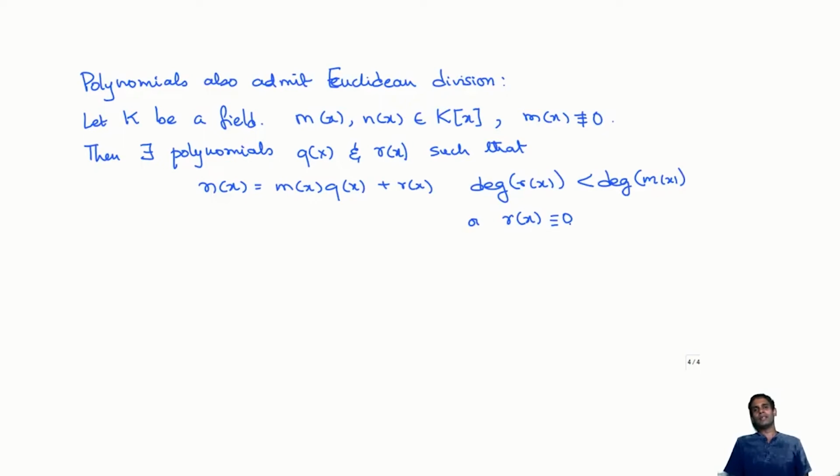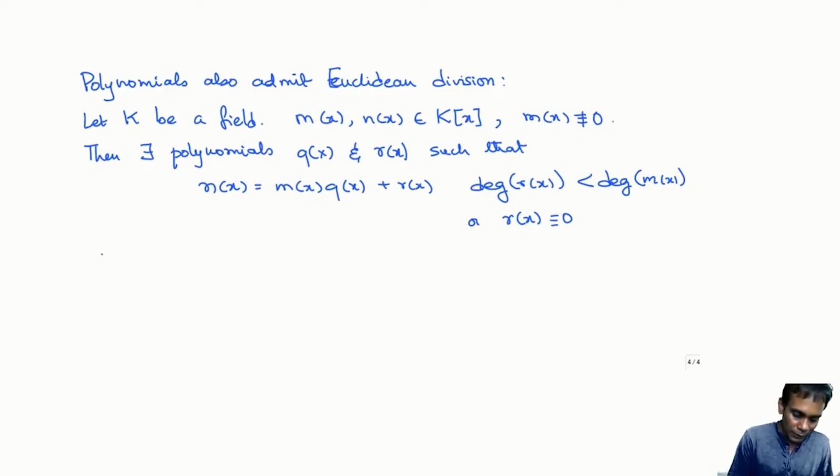I don't know what the degree of the 0 polynomial is. Sometimes we say minus infinity, so that would still work. So this is the Euclidean division algorithm for polynomials, and we can use this again to reduce ideals. So let's try this with some polynomials.